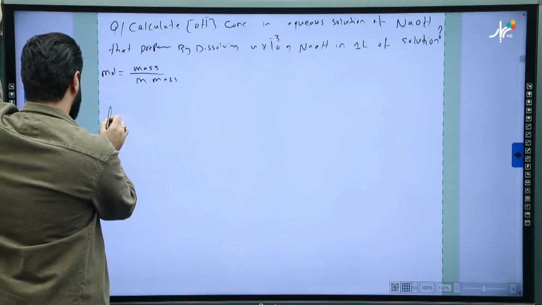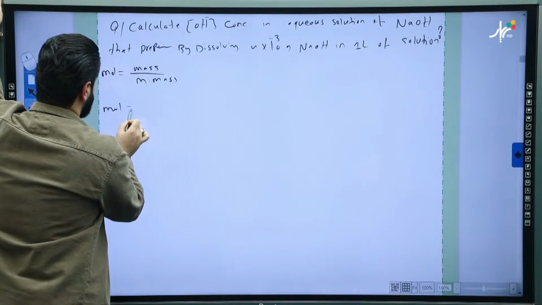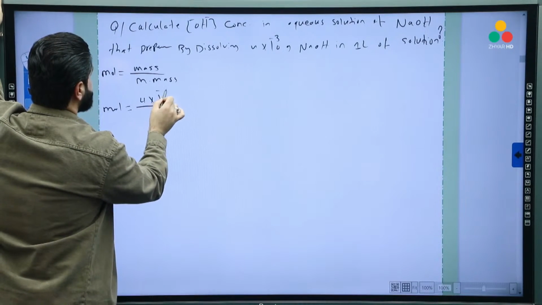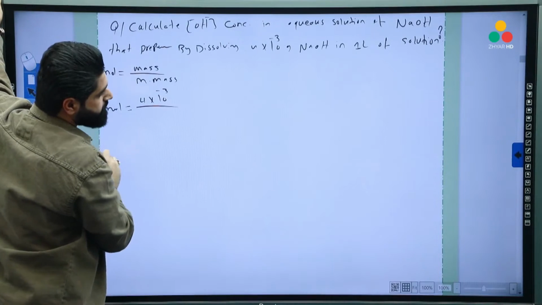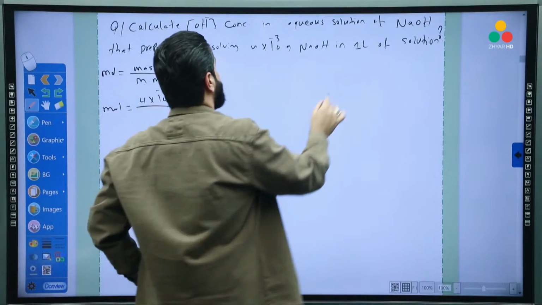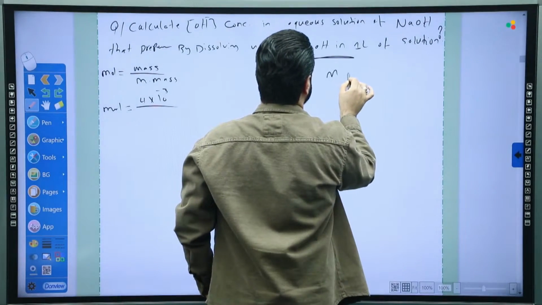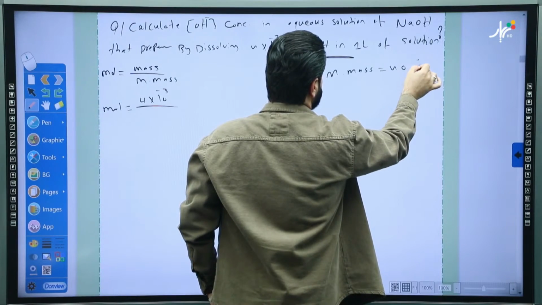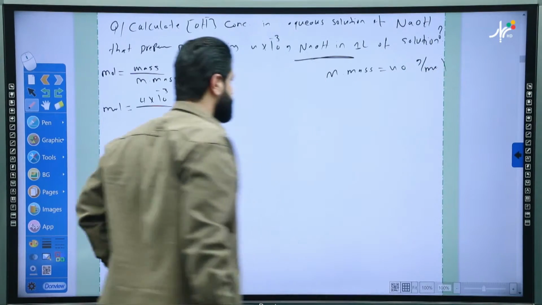Mass is 4 times 10 to the negative 3, divided by the molar mass of NaOH, which equals 40 grams per mole.